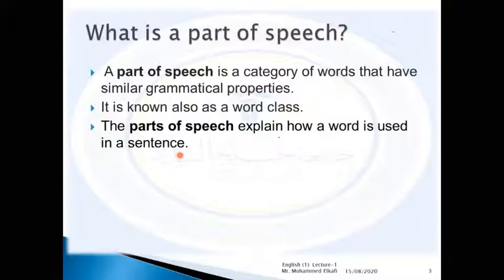The components of a sentence are very important to be studied. These components are known as words. In grammar, we call them parts of speech. They have another name, which is word class. All of them, parts of speech and word class, tell us about the main or the basic component of the sentence.